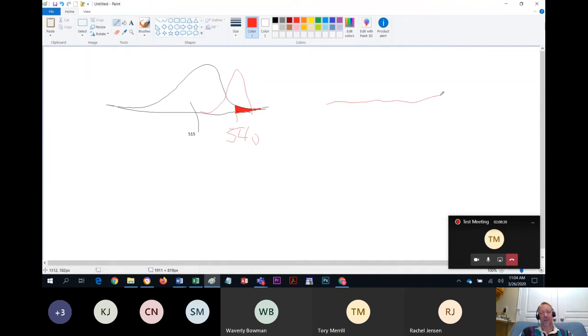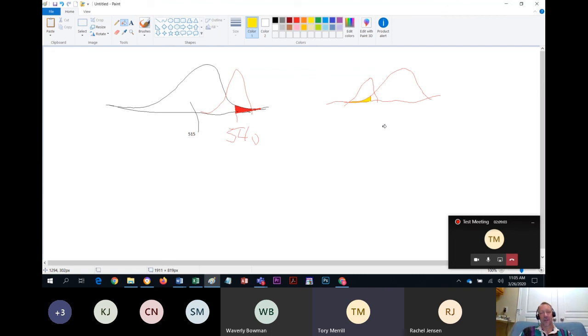Because if your alternative hypothesis was a left-tailed test, then in this case you would want the area to the left. And so in that case you would not need to subtract it from 1.